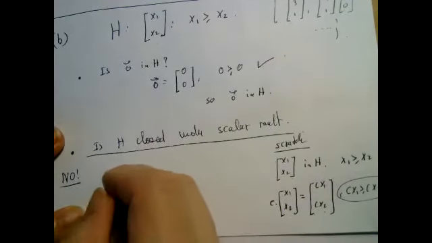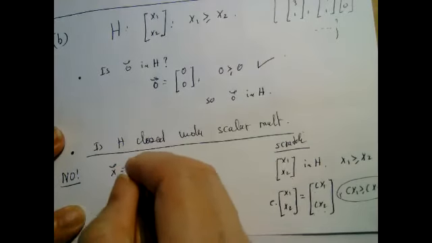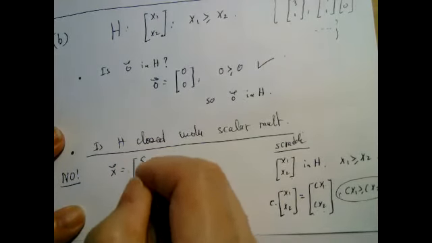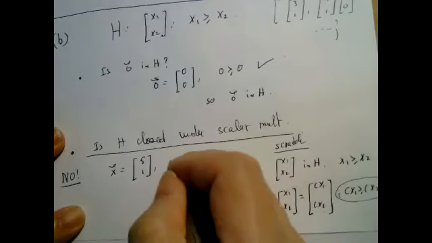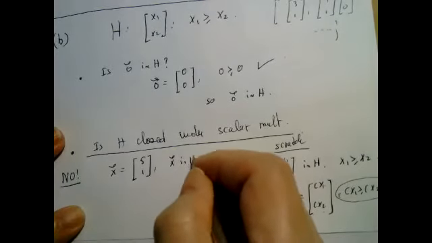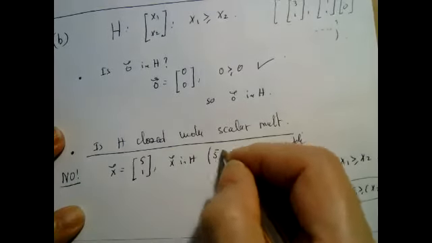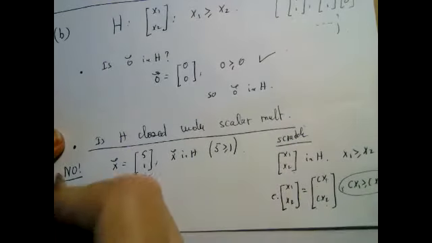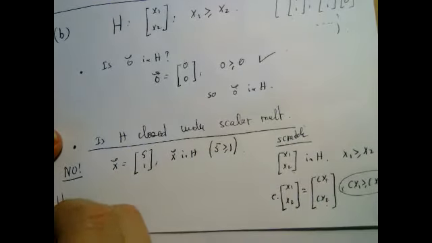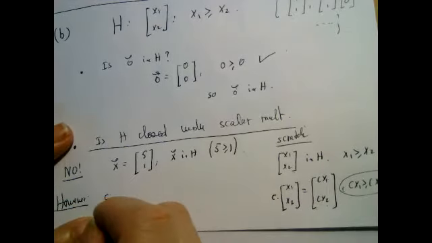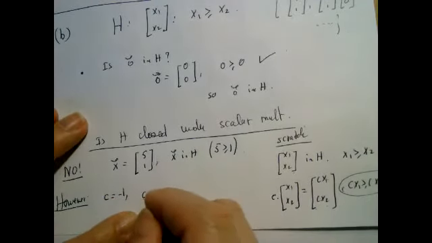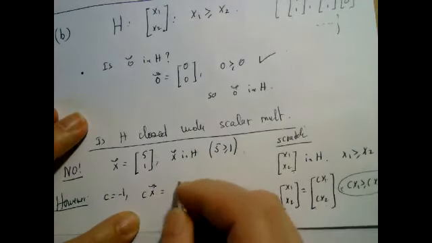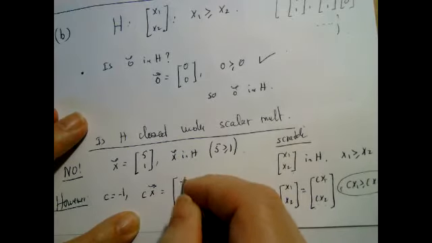No, because let me take x to be the vector, for example, (5, 1). x is in H because the first component is larger than the second. However, if I scale it, suppose I take c equal to -1, and I take c times x, I'm creating a whole new vector.